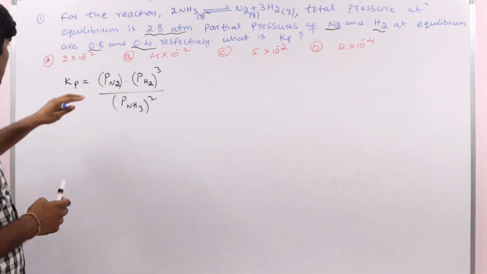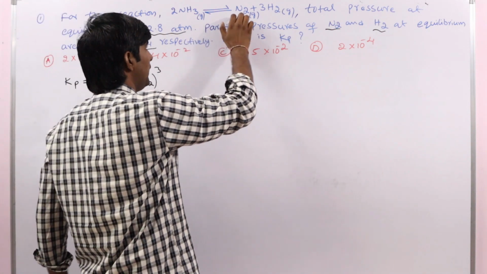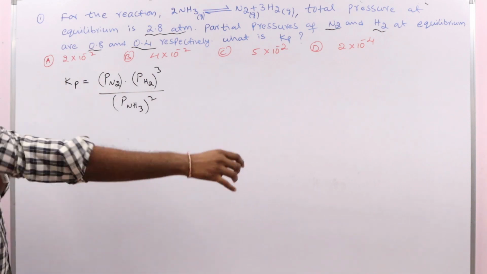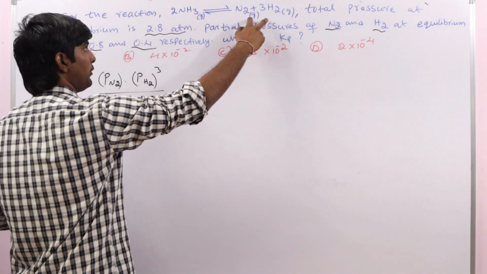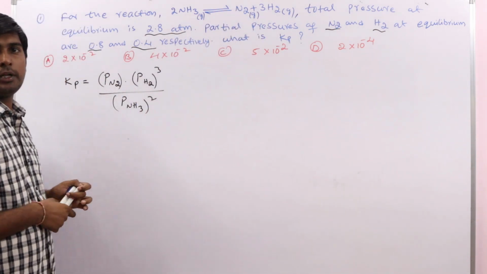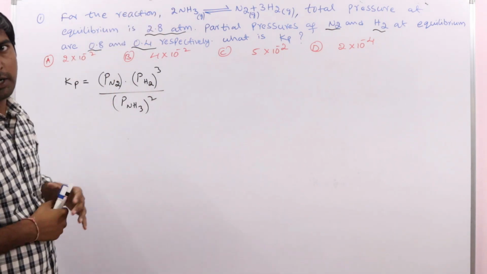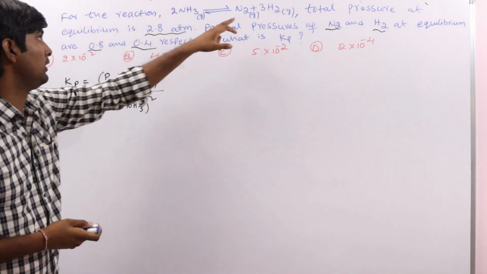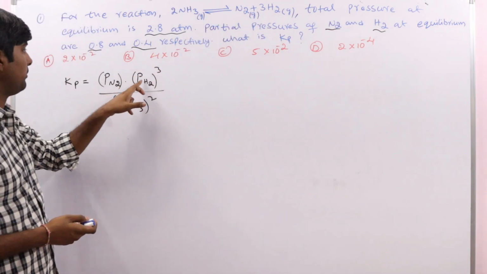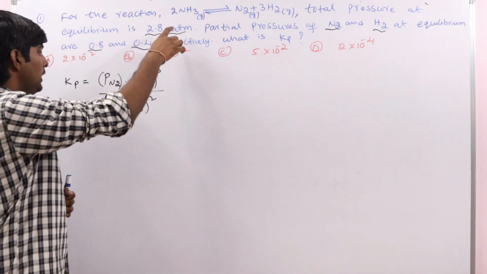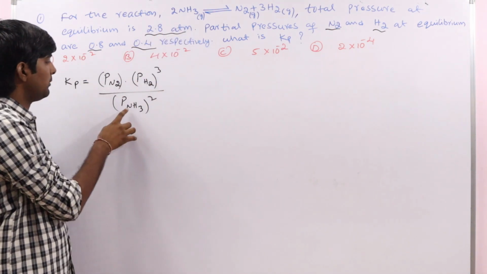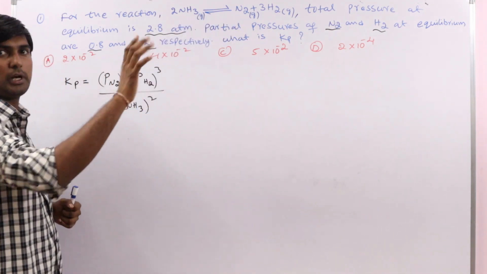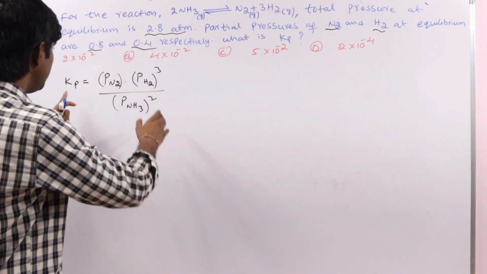So this is the equilibrium constant expression in terms of partial pressures: product of partial pressures of products by product of partial pressures of reactants, and each term is raised to its stoichiometric coefficient. Here 3 moles of H2, so partial pressure of H2 whole power 3. Here 2 moles of NH3, so partial pressure of NH3 whole power 2. Here only 1 mole, so partial pressure of N2. This is the expression.